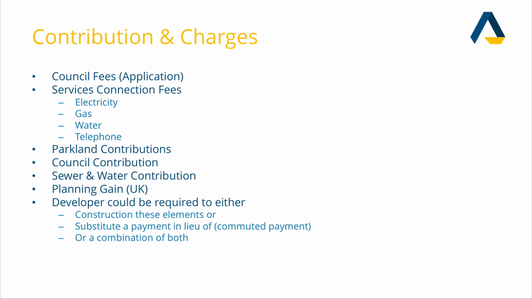They could be sewer and water contribution fees. There could be a planning gain. In the UK, they've got a thing called planning gain, which is very similar to our council contributions. A developer could be required to either construct these elements or substitute a payment in lieu, or a commuted payment, or a combination of both.